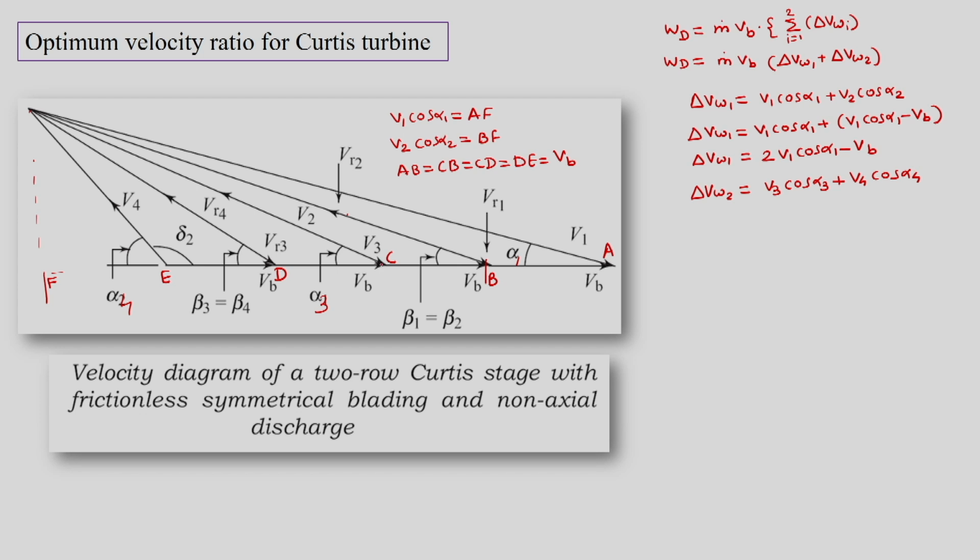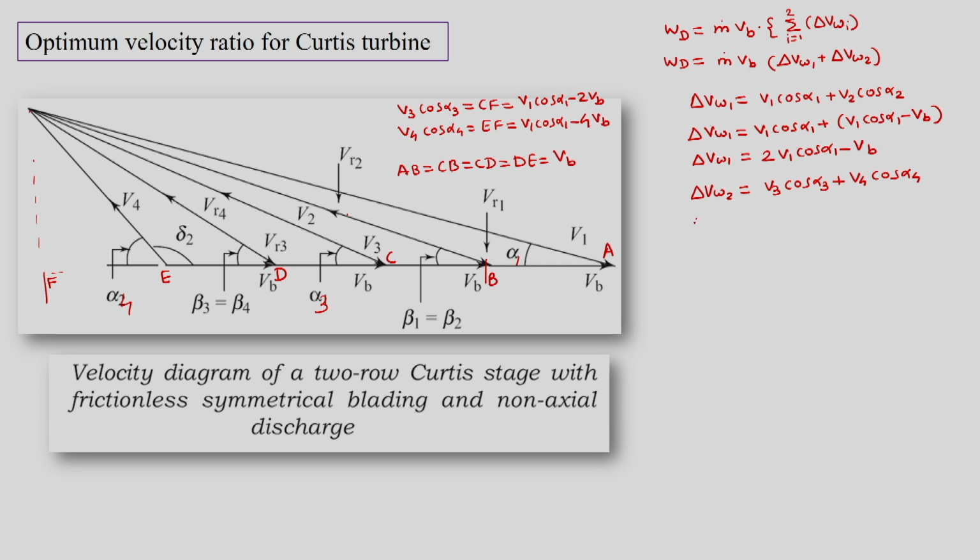V3 cos alpha 3 is basically CF, and it is equal to V1 cos alpha 1 minus twice VB, and V4 cos alpha 4 is basically EF, and EF is equal to V1 cos alpha 1 minus 4 VB.